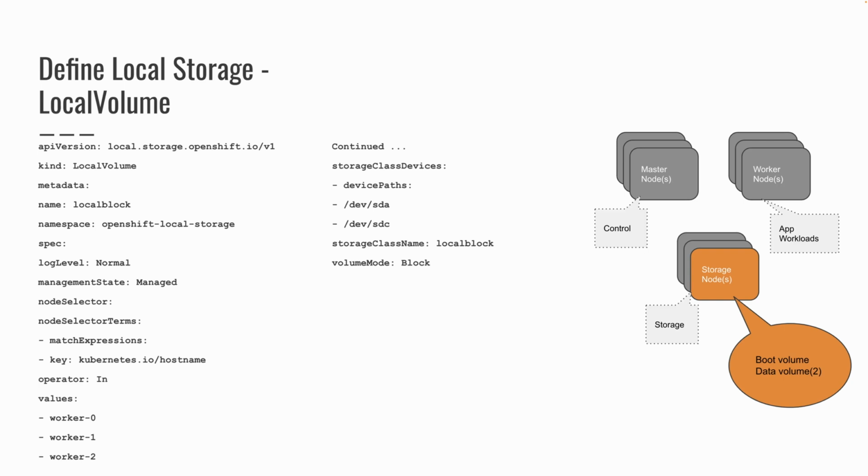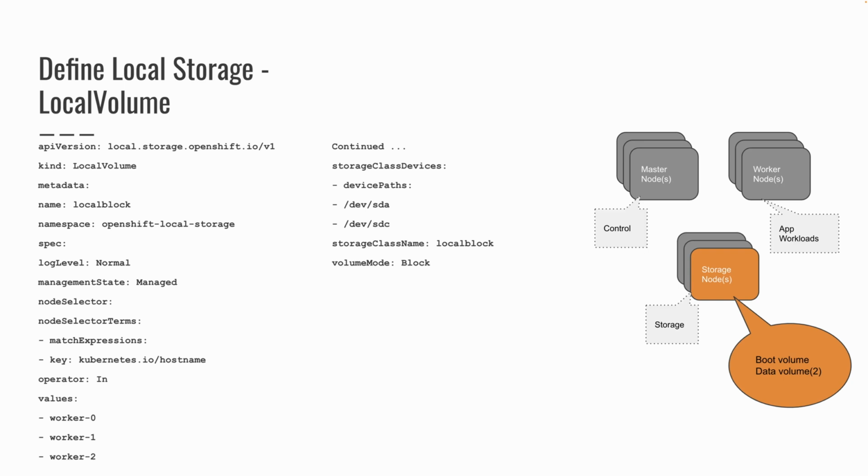When this local volume object is created, the local storage operator will wake up and will go and detect the extra storage attached to the worker nodes and create persistent volumes for them. So here is a YAML file for the local volume object. There is a mention of the worker node names, worker 0, 1, and 2, and also the device paths.